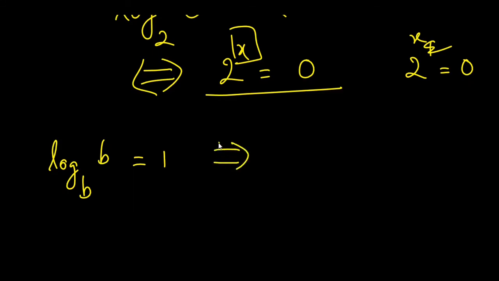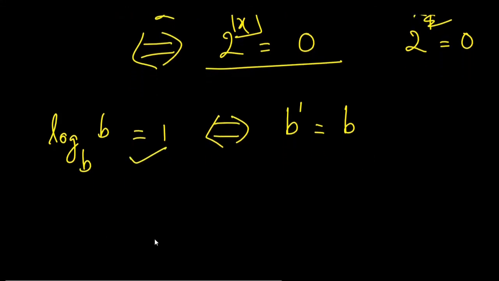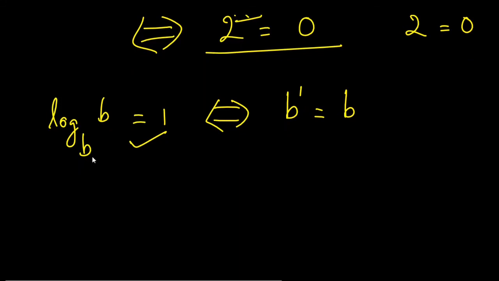When converted into exponential form, we get b power 1 is equal to b, which is correct. So this is also correct. Log of b to the base b is equal to 1.